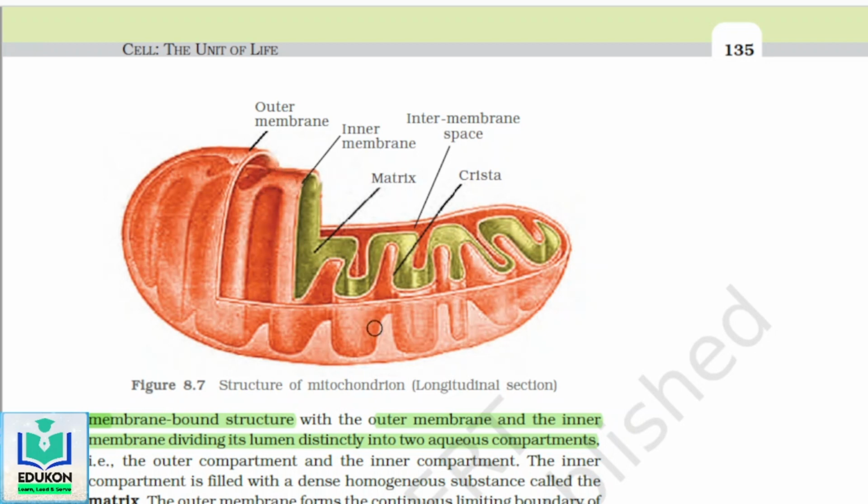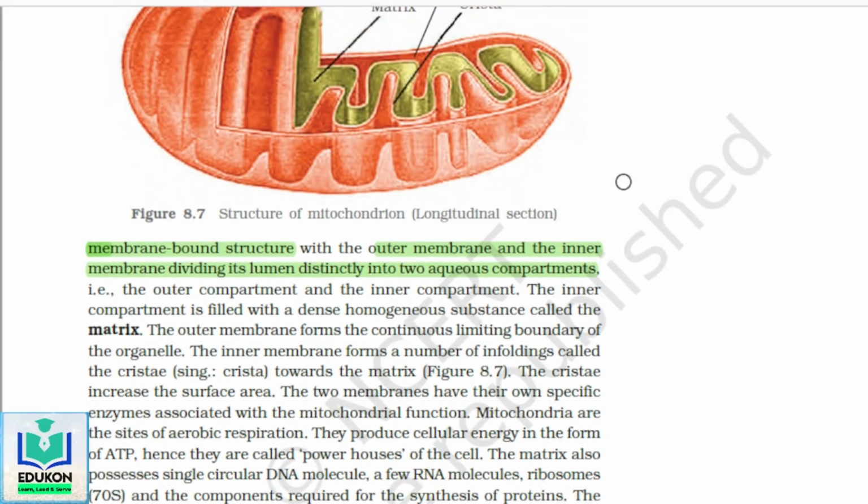So here this is the outer compartment, the space between the outer and inner membrane, and the space inside the inner membrane. So what's happening here? The outer membrane and the inner membrane divide its lumen distinctly into two aqueous compartments: the outer compartment and the inner compartment.